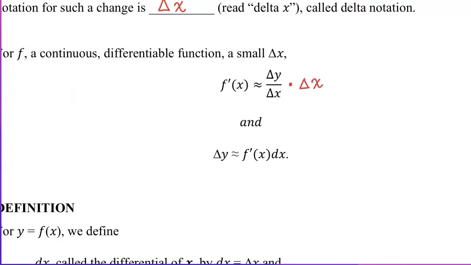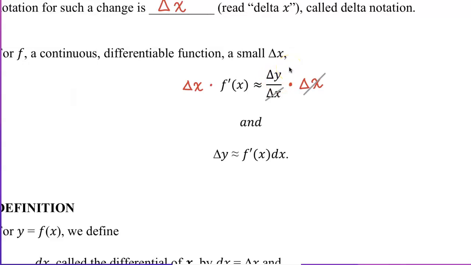Look what will happen if I multiply both sides by delta x, which by the way I'm also going to write as dx. If I multiply this derivative, change in y over change in x, by delta x, the delta x cancels out, and what's left? Delta y is left, right?